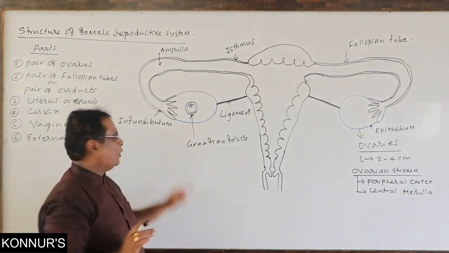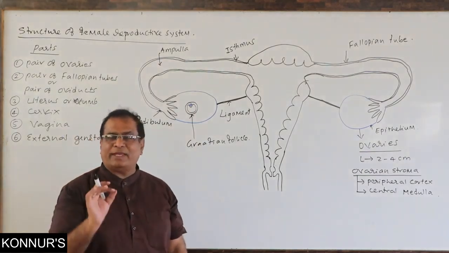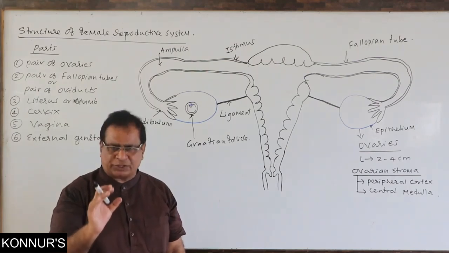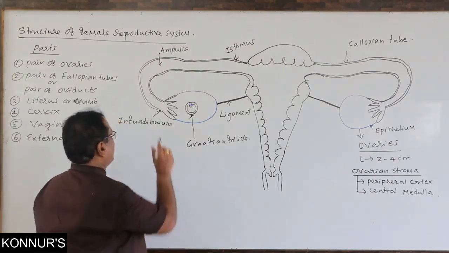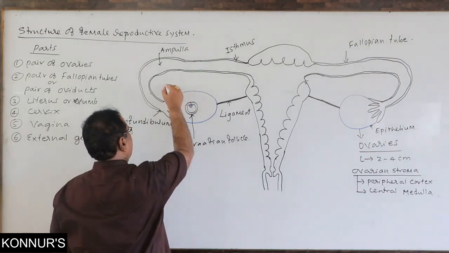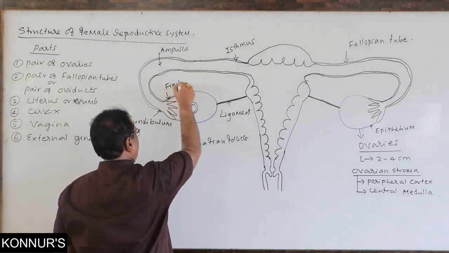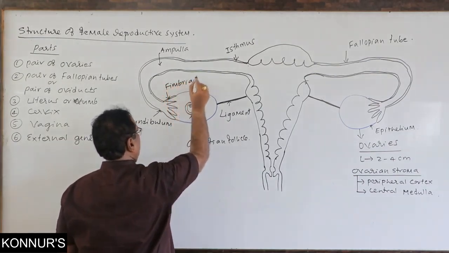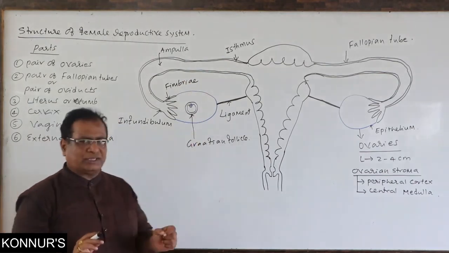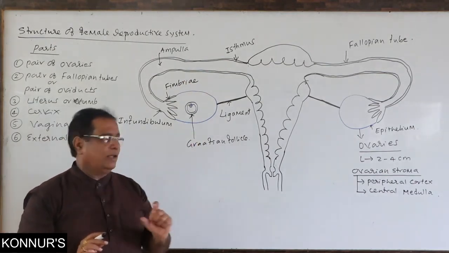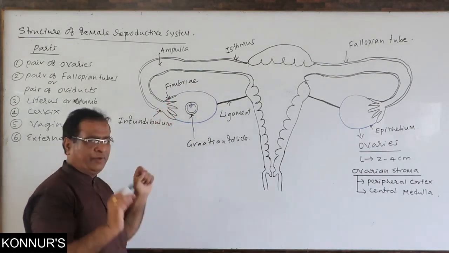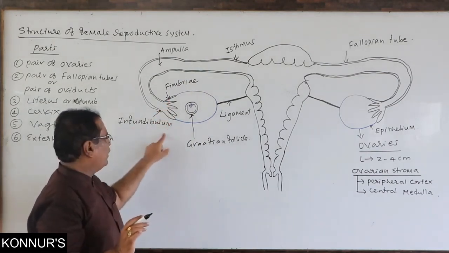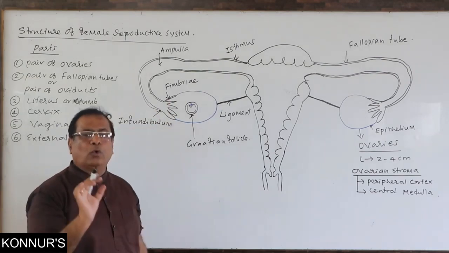And this infundibulum has finger-like projections. Those finger-like projections are named fimbriae. With the help of these fimbriae, infundibulum is connected to the ovary.